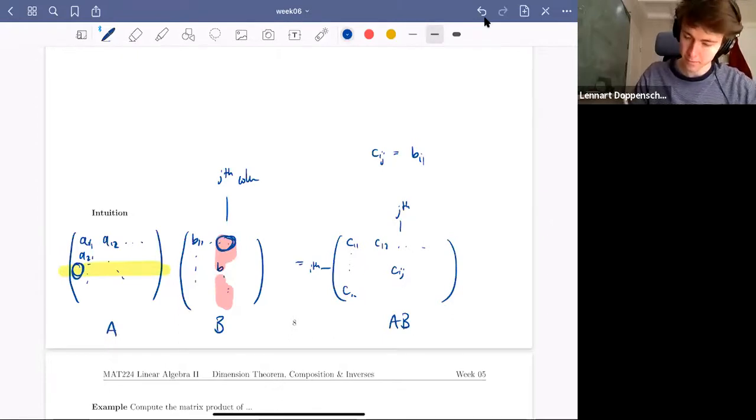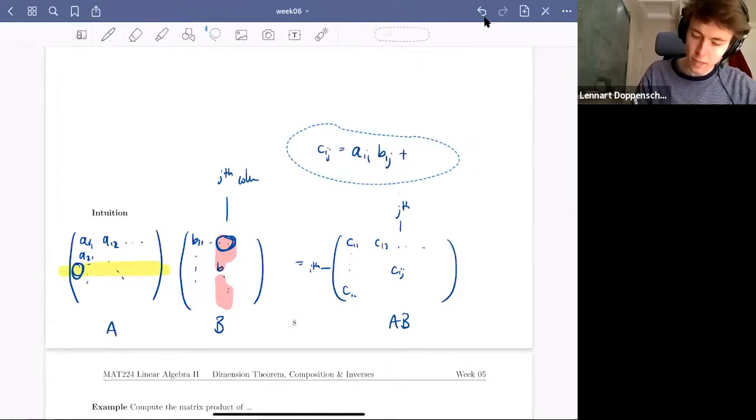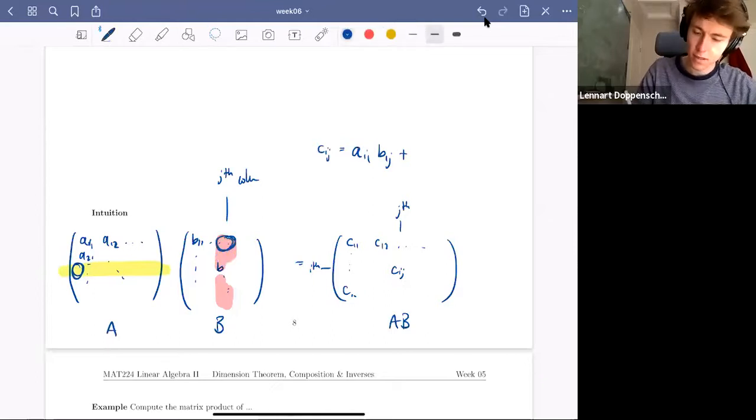So you have ai1 b1j, and then you take the next two elements, so the second element in this row, and you multiply this with the second element in this column.